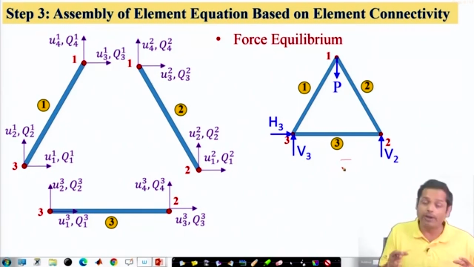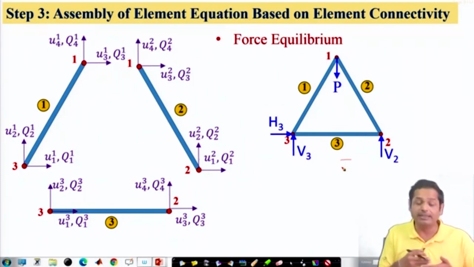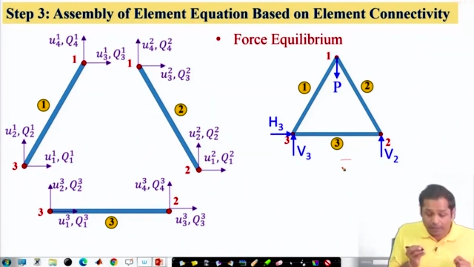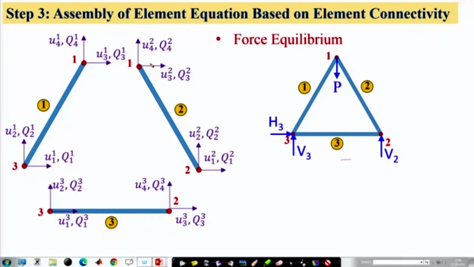And so when we are assembling this, at the inter-element junction, this equilibrium needs to be maintained. Look at joint number 1, node number 1. Let's take the force in the horizontal direction.